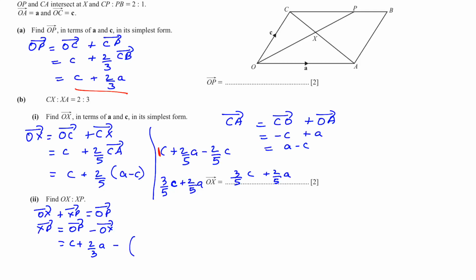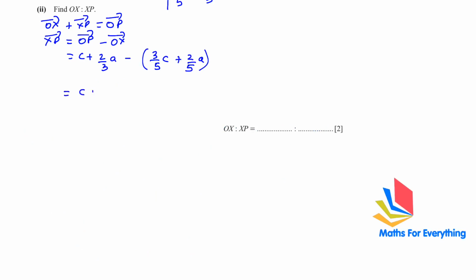OX we found here. OX is equal to 3 over 5C plus 2 over 5A. Now we are going to open the brackets and the signs will change. Minus 3 over 5C minus 2 over 5A. Add the like terms together. Remember, if there is no number, there's a 1 there. So 1 minus 3 over 5, 2 over 5C.